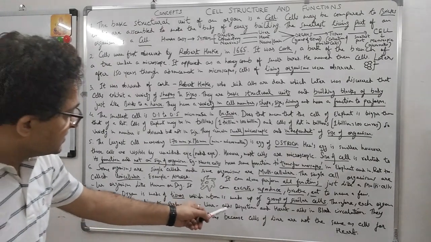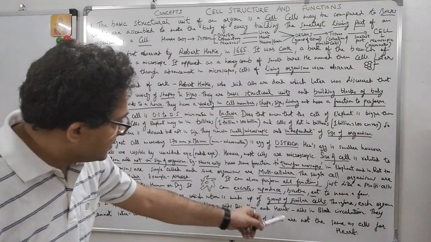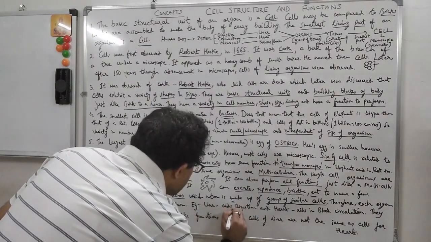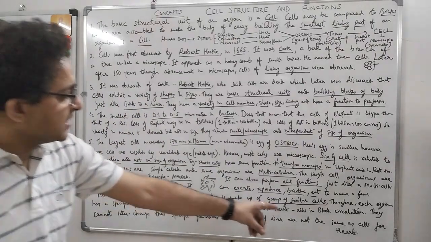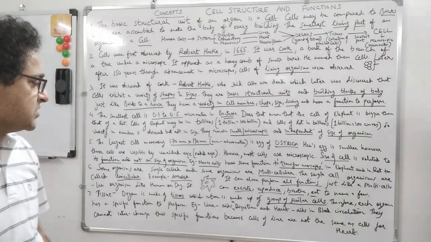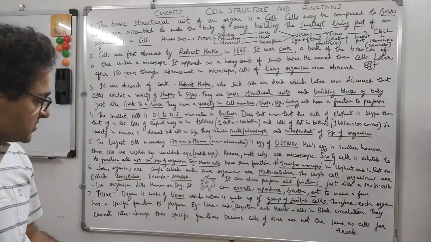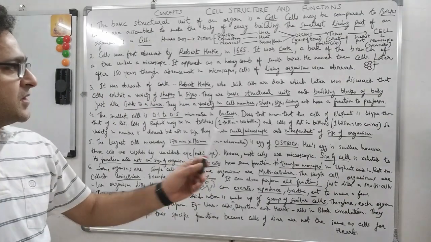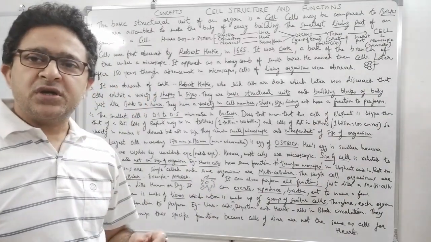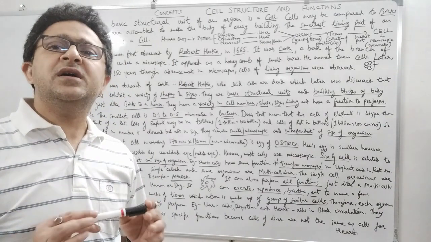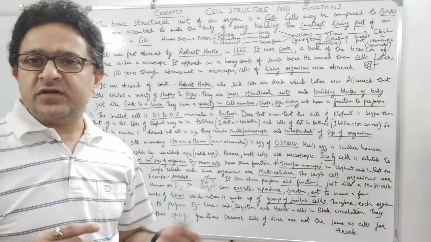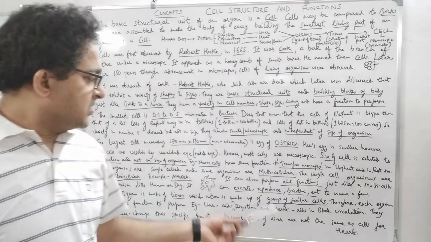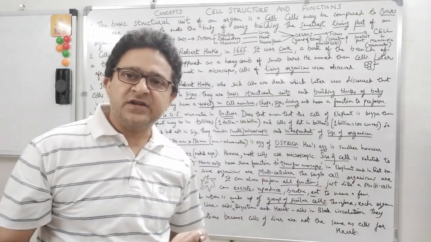Example, liver aids in digestion, and heart aids in blood circulation. They cannot interchange their specific functions because cells of liver are not the same as cells of heart. So an organ will have tissues, and tissues basically is a group of similar cells. So the cells of heart will not be the same as cells of liver. So liver function is to help in digestion, and heart's function is to circulate the blood.